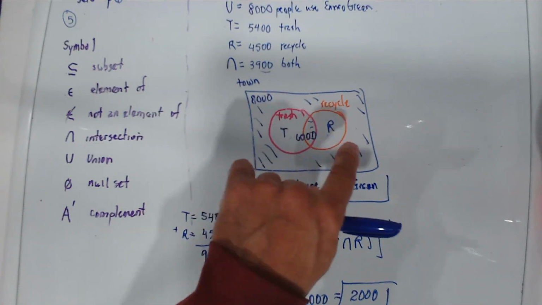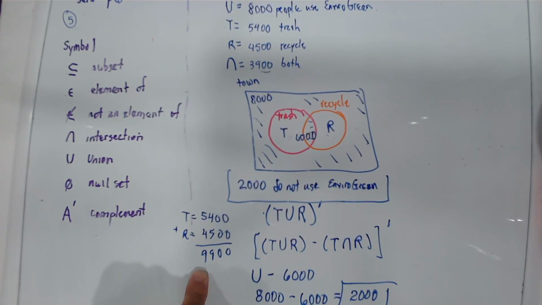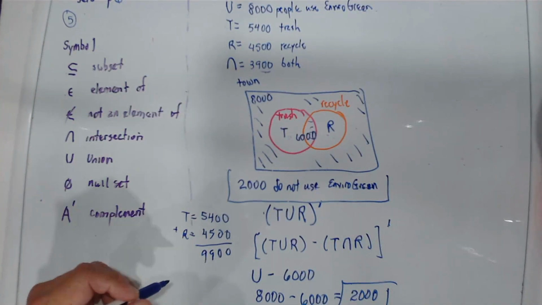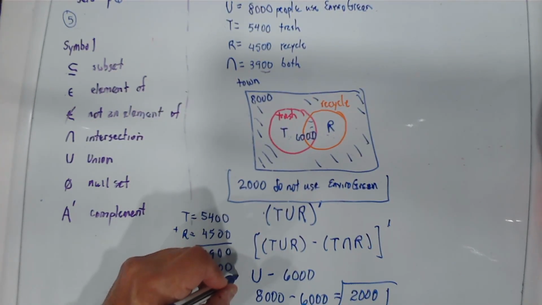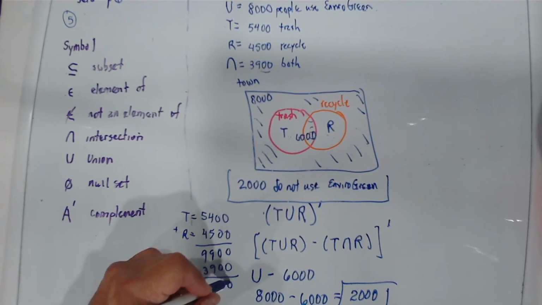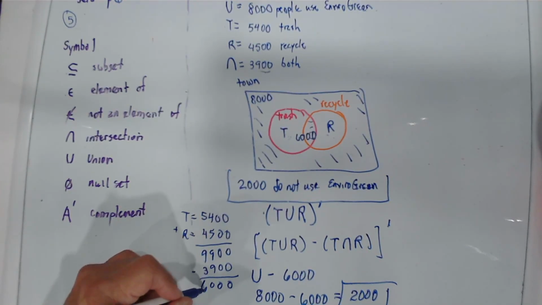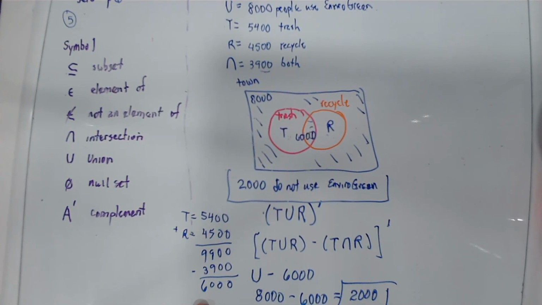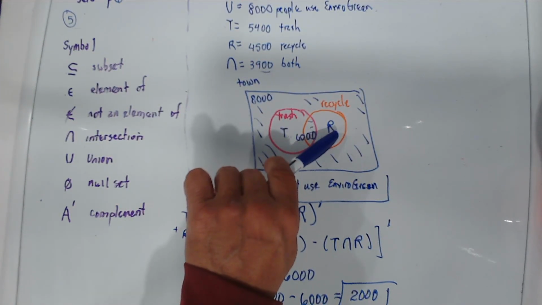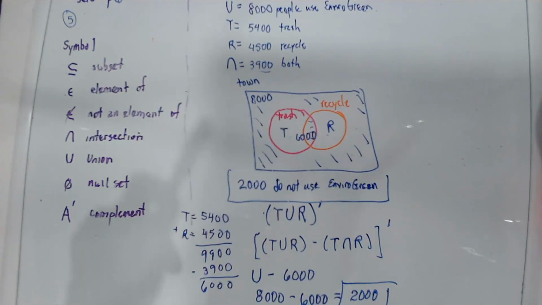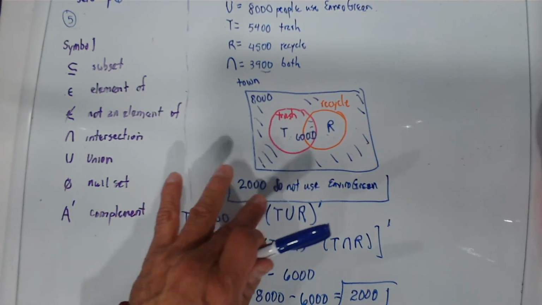So I had T and R, I end up with 9,900. But remember, I've got to get rid of the intersection, and that's going to be minus 3,900. And that gives me 6,000. So that's how we got the 6,000. So now we know that the T plus the R, getting rid of the intersection, which is double counted, we end up with 6,000. So the question was, how many people do not use EnviroGreen?